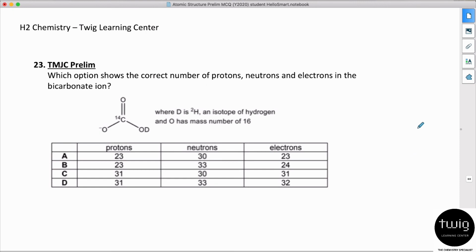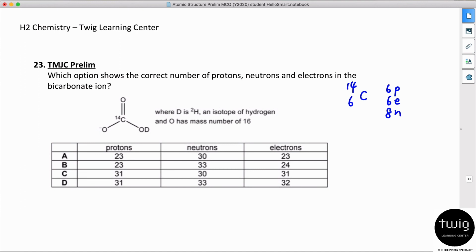Which option shows the correct number of protons, neutrons, and electrons in the bicarbonate? Let's do a quick count. Carbon is 14 and 6, which means there are 6 protons, 6 electrons, and 8 neutrons.